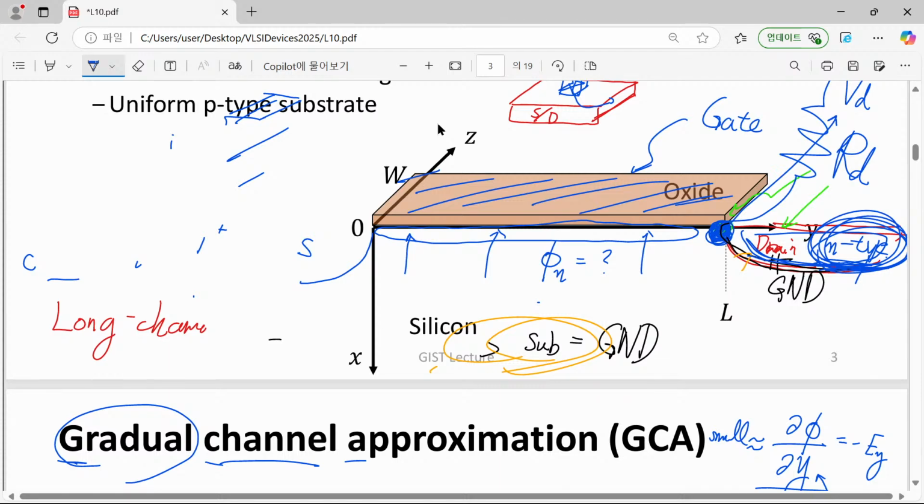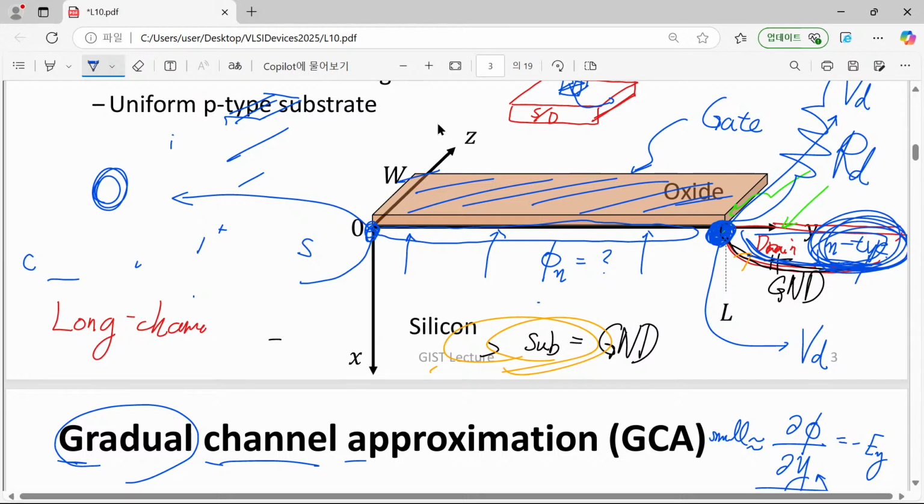What we can certainly say is, at this point it will be 0, and at this point it will be VD. But in between, can you find a certain value at any point? It is a little bit difficult to say.